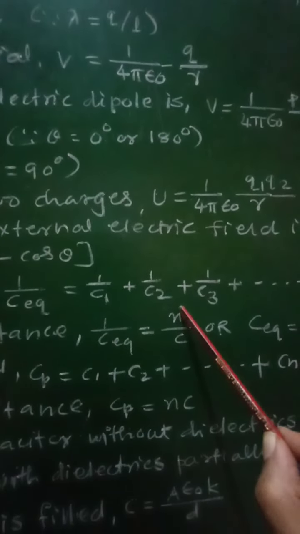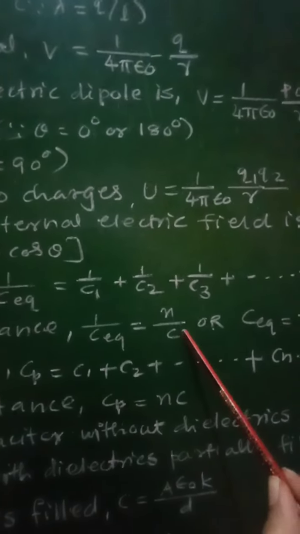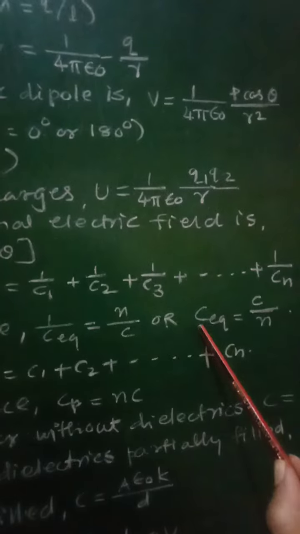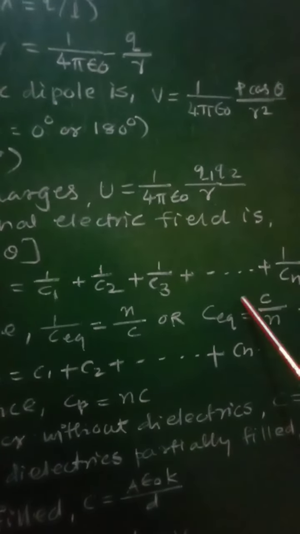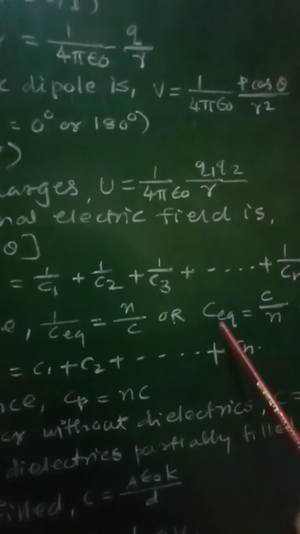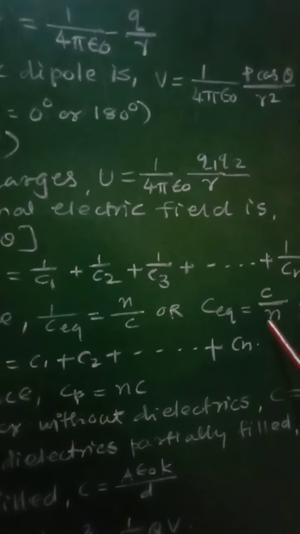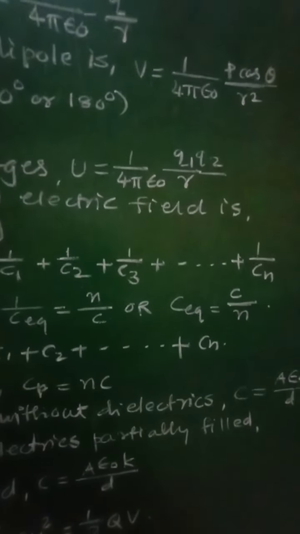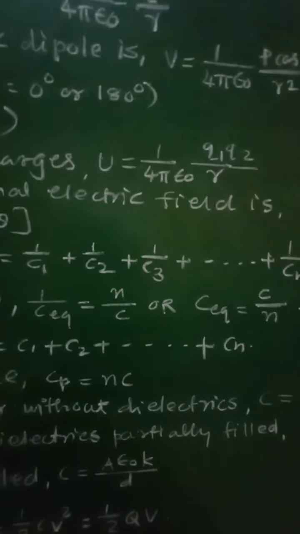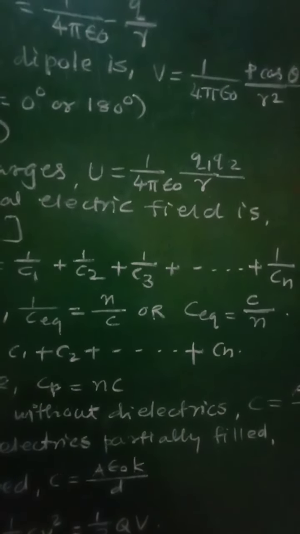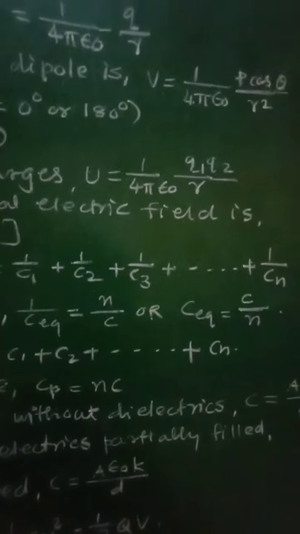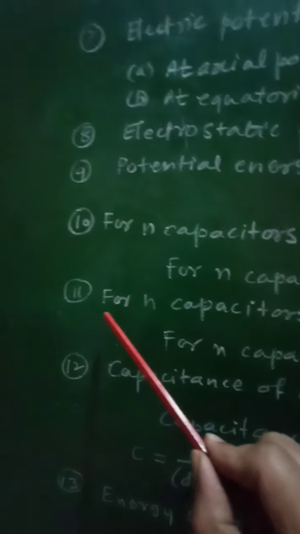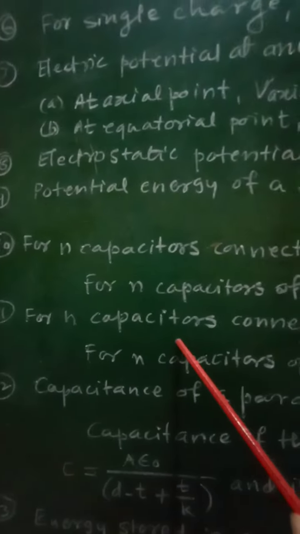Therefore C equivalent will be equal to C by n. So from this relation it is clear that if the capacitors are connected in series, then their equivalent capacity will decrease.